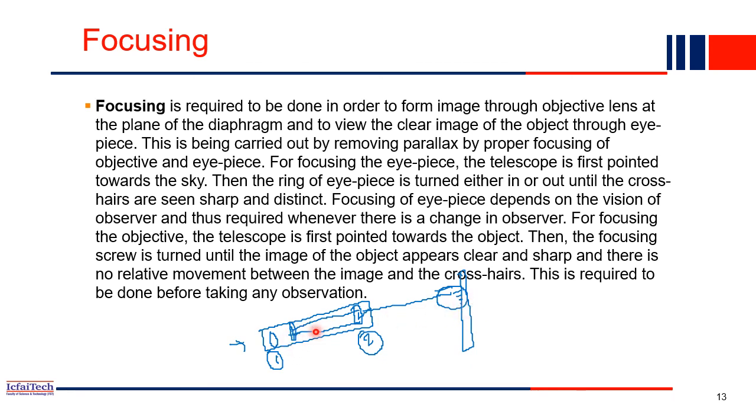The crosshair is already visible. Now with the focus screw present here, you adjust this lens until you get a clear picture of the staff. Like that, focusing happens in the dumpy level or any leveling instrument, and then you take the measurement.